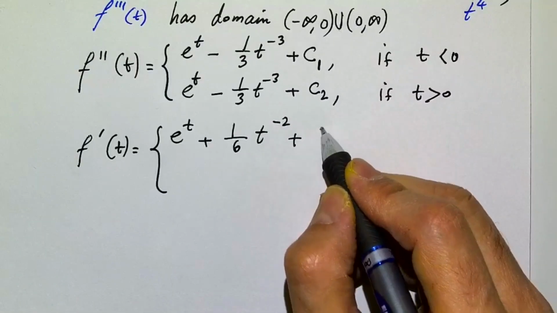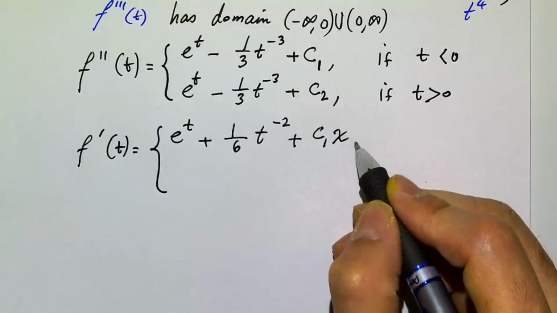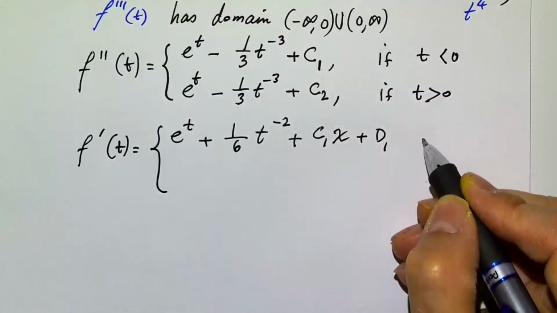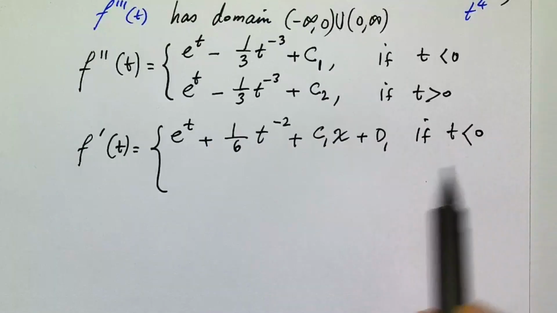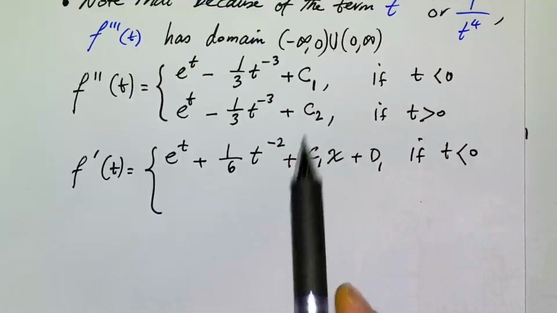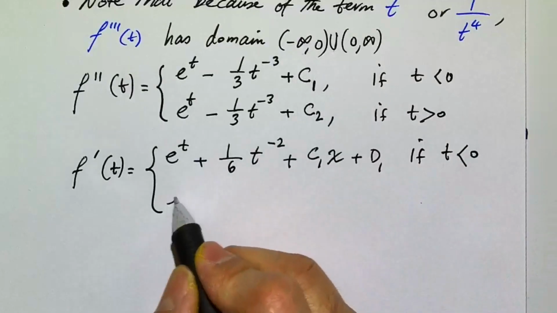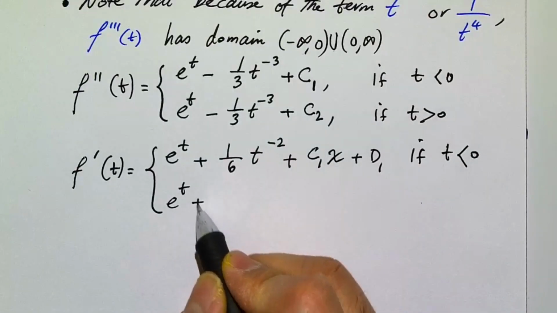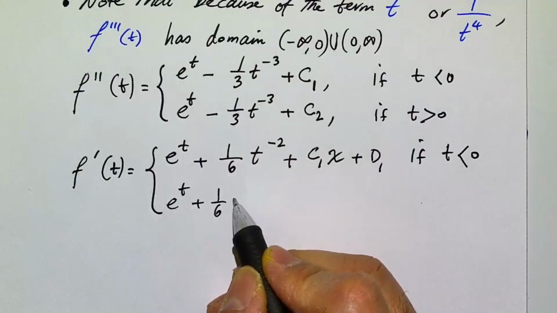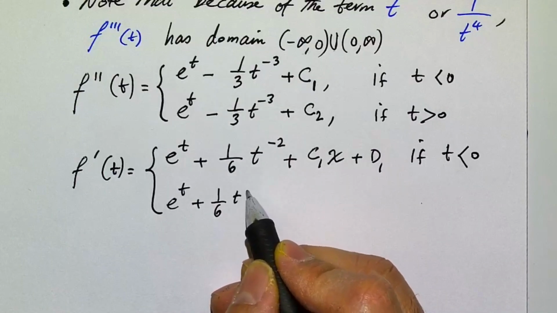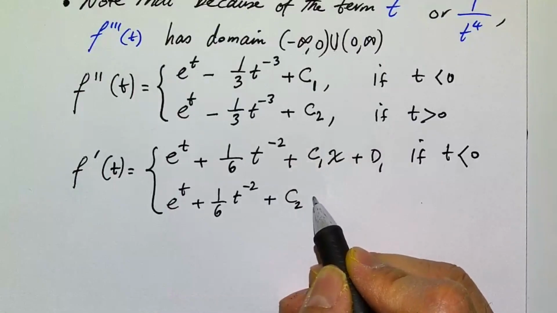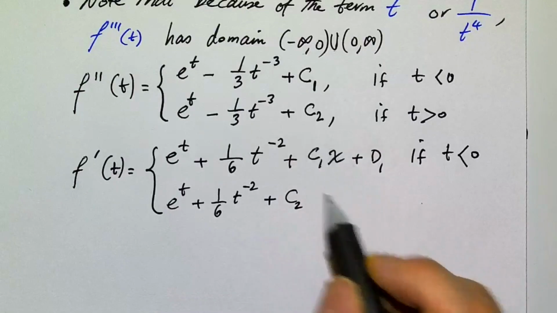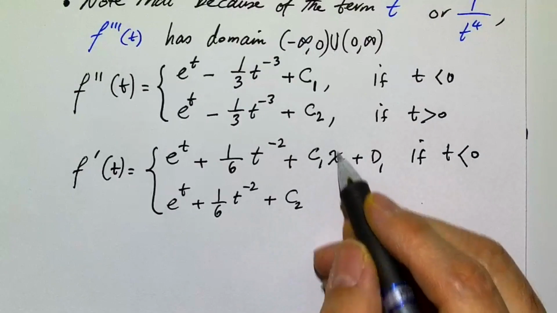And then c1t, right, plus d1 if t is in this interval, and then e to the t plus 1/6 t to the -2 power plus c2. Sorry, I need to put a t here.